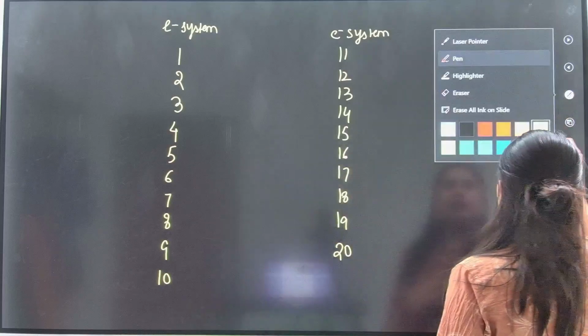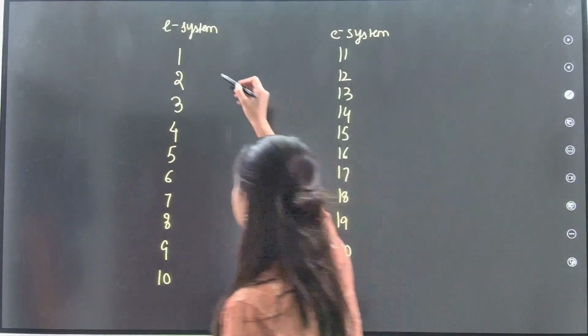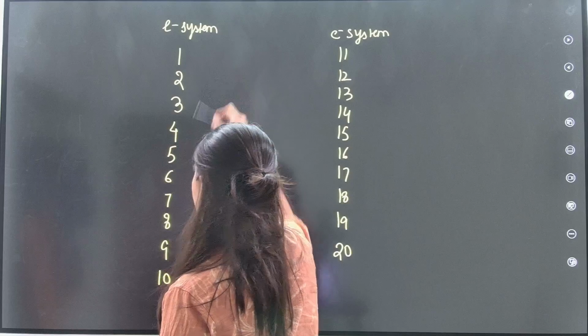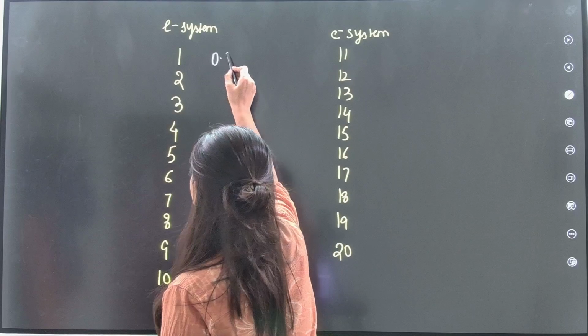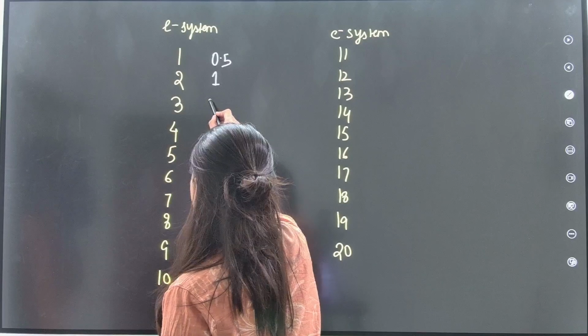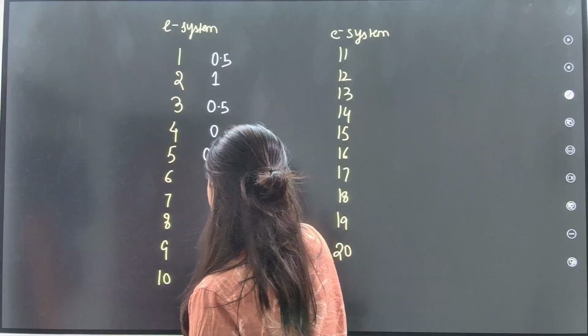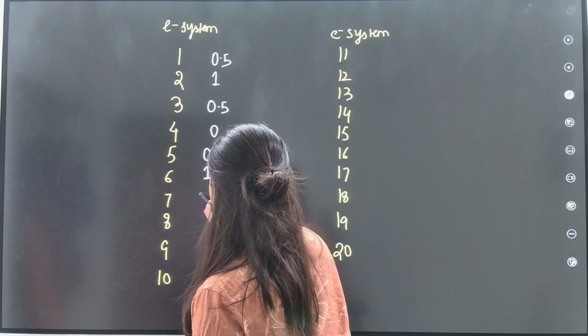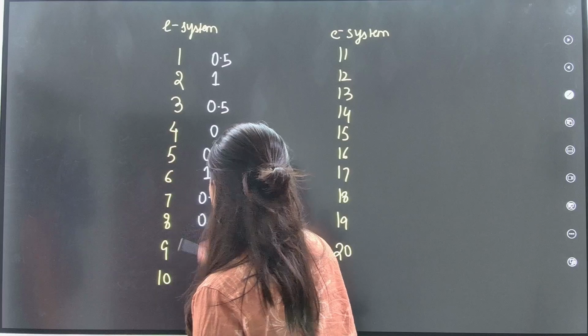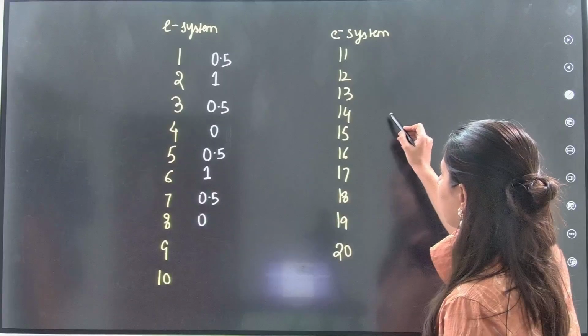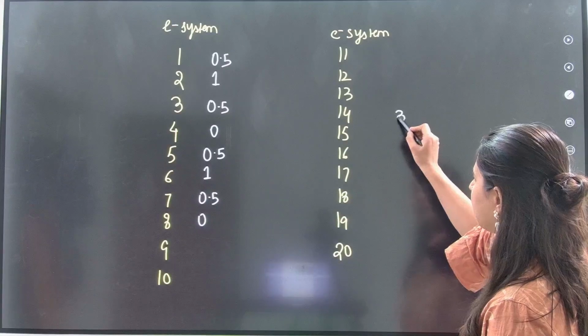Now, what we can do is we can simply start from 0.5 and increase: 0.5, 1, now decrease to 0.5, 0. Similarly, increase once again: 0.5, 1, 0.5, 0. Now we know that the 14 electron system like nitrogen has bond order 3.